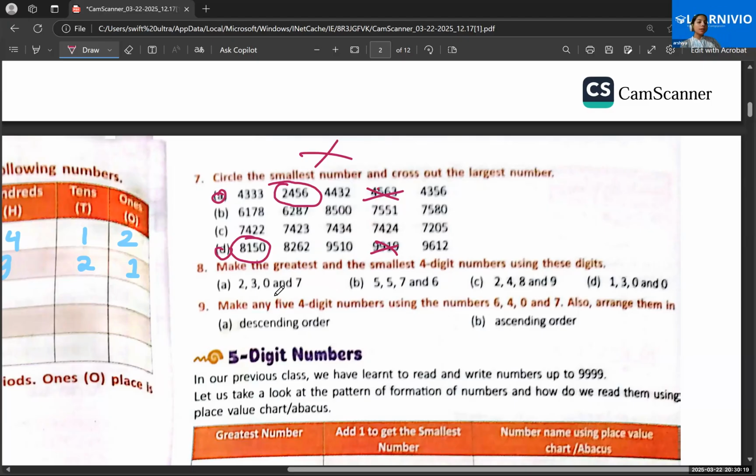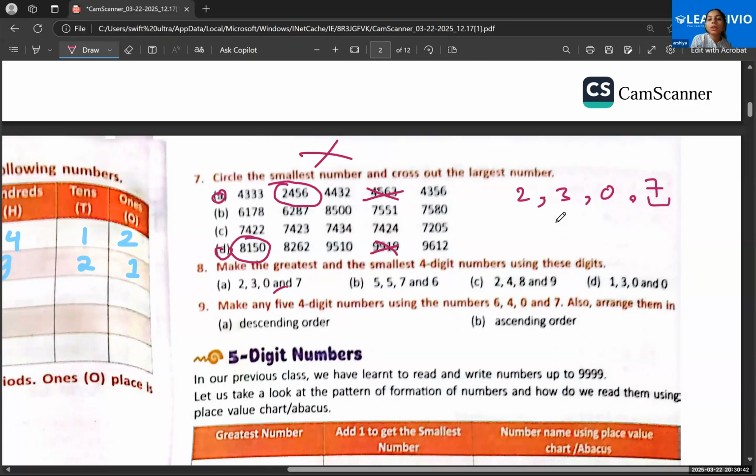Okay. Now question number 8 says write the greatest or the smallest 4-digit number. One thing, it's very easy. You have 4 numbers: 2, 3, 0, and 7. You have to put these numbers in a way that makes the biggest number. So you'll write the biggest digit first.